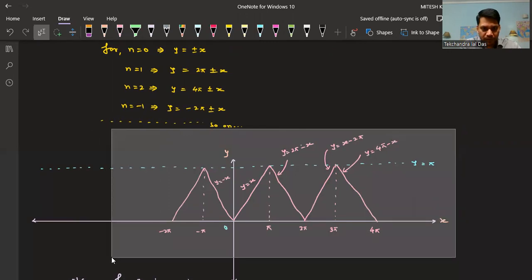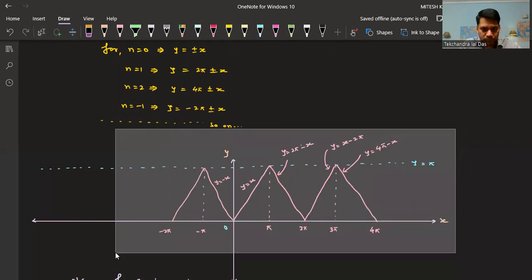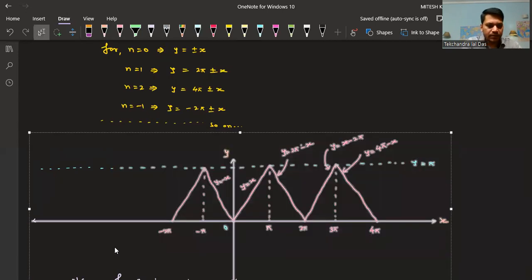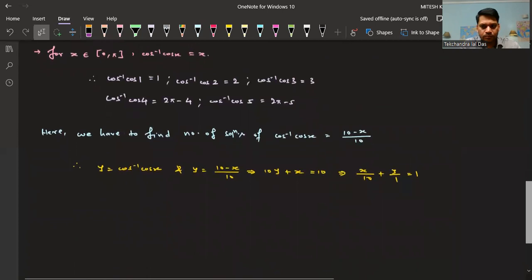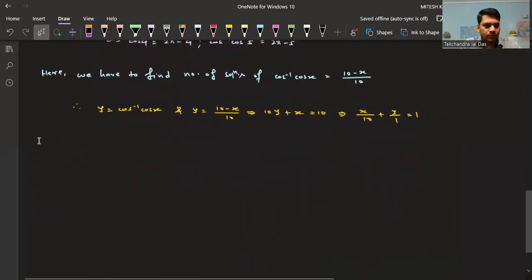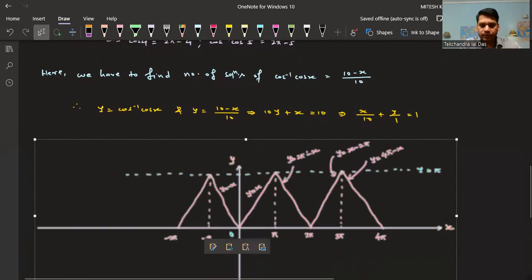We need only some part, that is 0 to 4 pi, so no need to copy all this part. So I've copied this part.